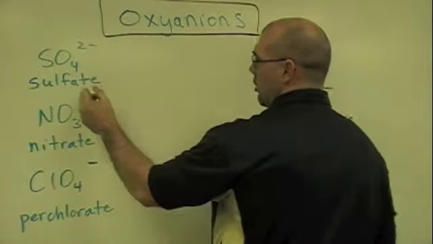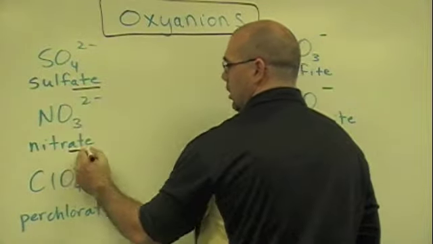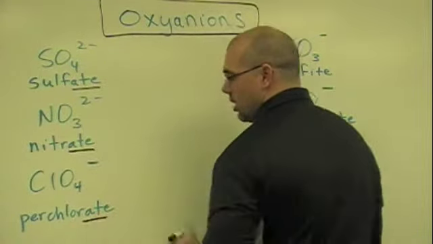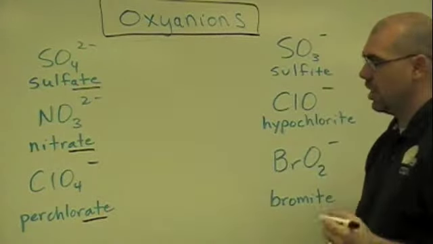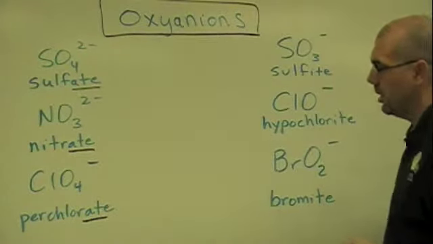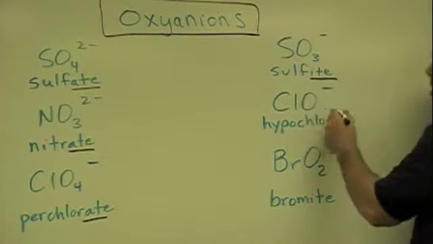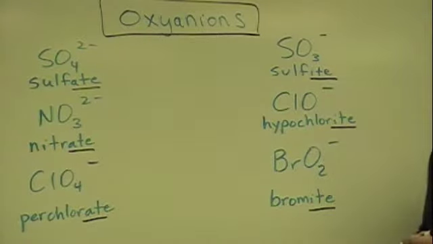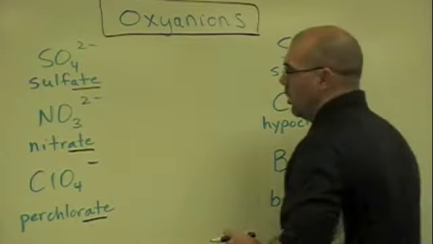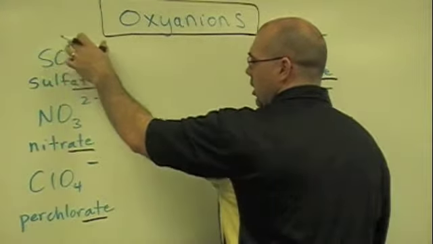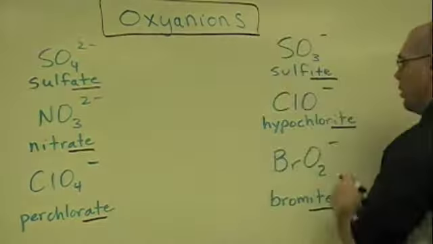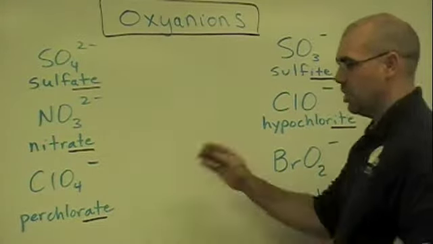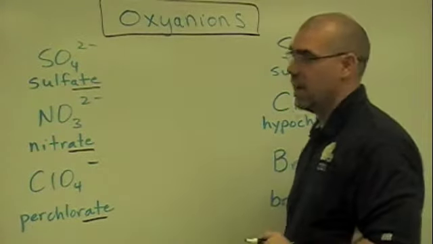You should notice that we've got a bunch that end in ate, and a bunch that end in ite. What we need to remember is that all we do is cut the ate off, or cut the ite off, and change their ending to turn them into acids.